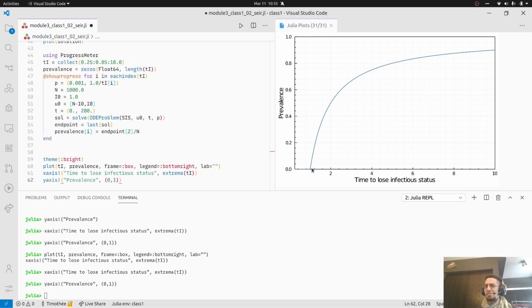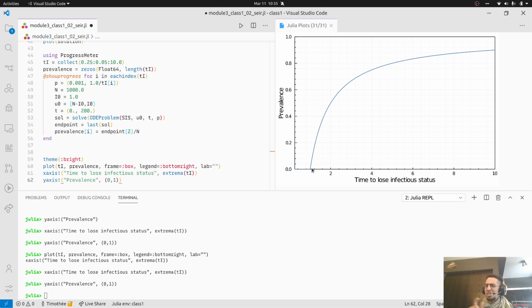Instead of a process of creation of new infectious people through contagions and then loss of infectious people through recovery, the loss is going to be so strong that no new infectious individuals are created. And so the disease is not able to establish itself.